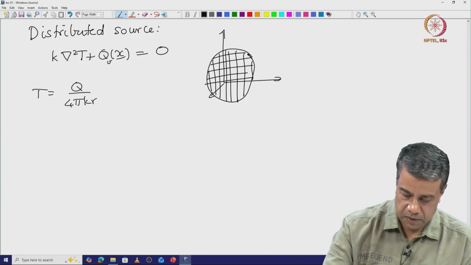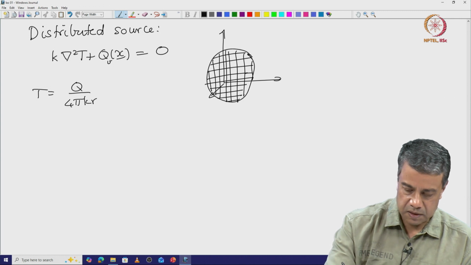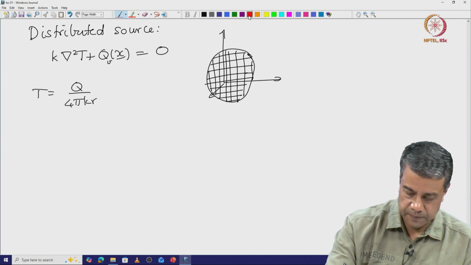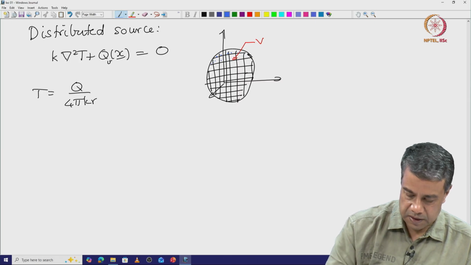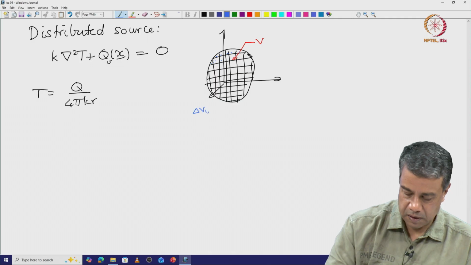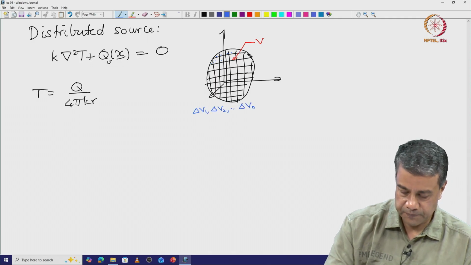You can divide this entire volume V into a large number of infinitesimal volumes, which I will call delta V1, delta V2, etc., delta Vn.